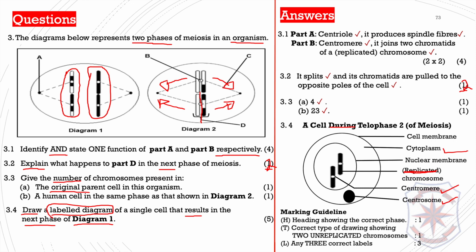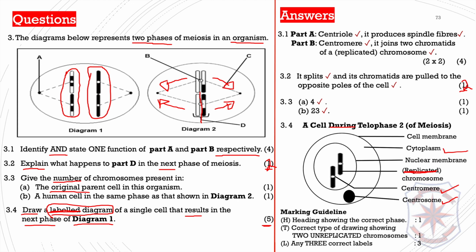A labeled diagram, meaning a diagram with labels. Even if the instruction did not say labeled diagram, it just said draw a diagram, you must check the mark allocation. The mark allocation is 5 marks. You must ask yourself in your mind, where do these 5 marks come from? You know that always 1 will be for the heading.